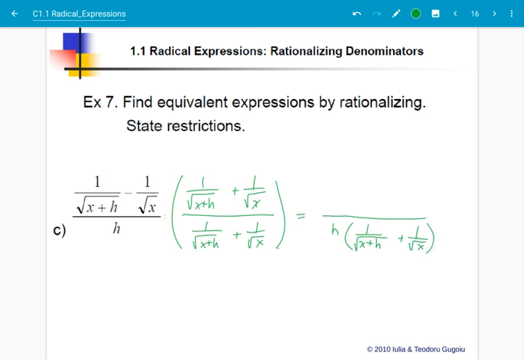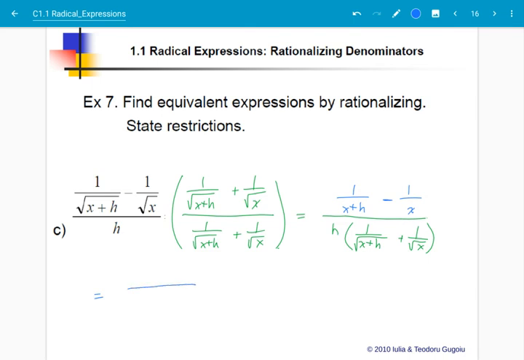In the numerator, it's the difference of squares pattern. So it'll be 1 squared, which is 1, minus the square root of 1 over x plus h squared, so 1 over x plus h, minus 1 over the square root of x squared, so that's 1 over x. Now, in that numerator, we want to come up with a common denominator.